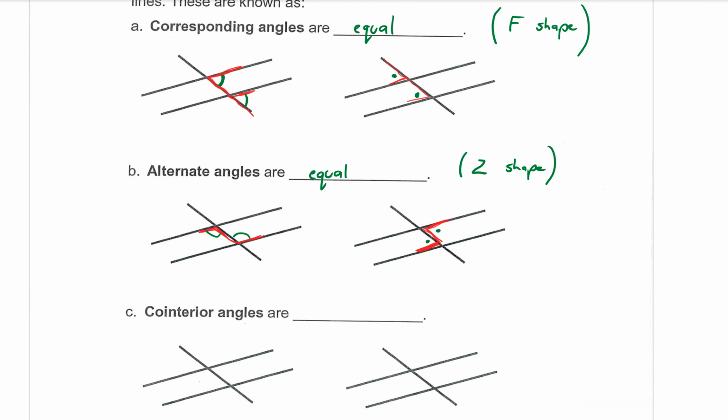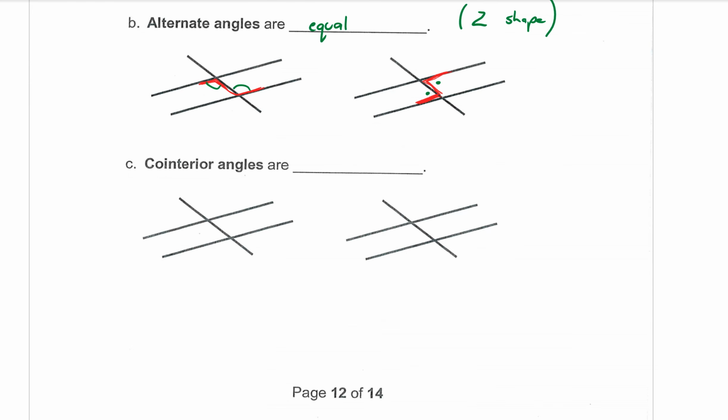And the third type is called cointerior angles. These ones are not equal. Okay, these ones are supplementary. And remember that the word supplementary means that they add to 180 degrees. So I'm going to put that in brackets. Supplementary, in other words, equal to 180. These ones make a C shape. And it's the angles inside the C that add to give 180.